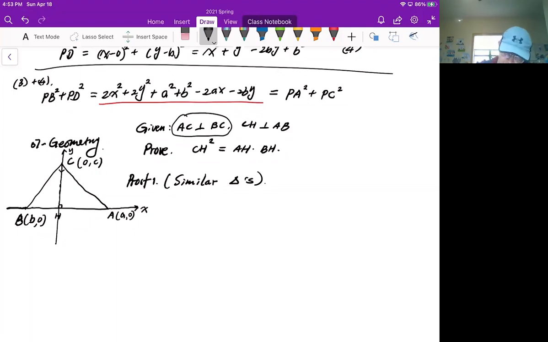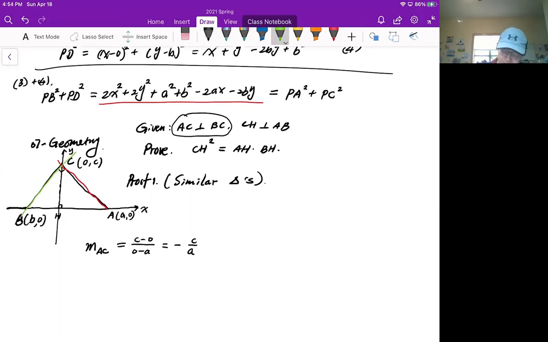All right. So let me figure out the slope for the AC line, right? What is the slope for this guy here? Difference of y divided by the difference of x. So I got c minus 0 divided by 0 minus a. So that's negative c over a, right? Similarly, I can do the other one, the green line.